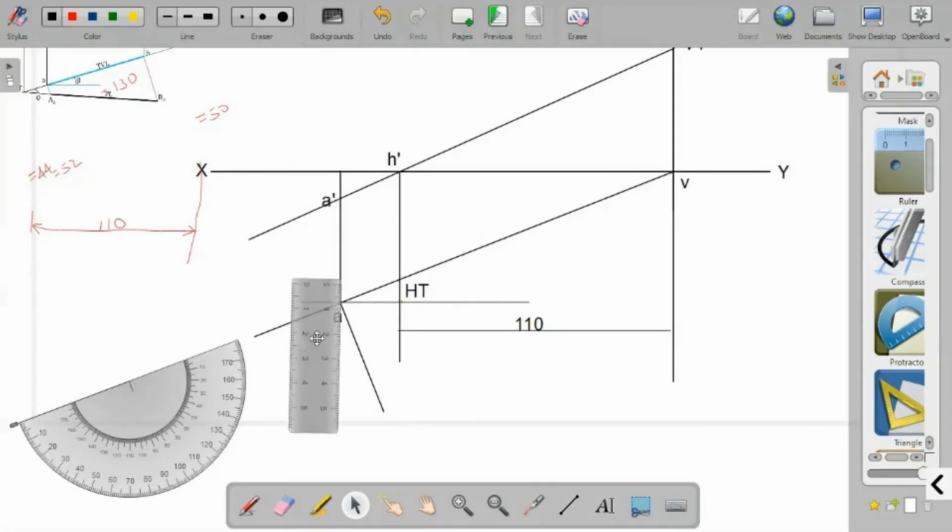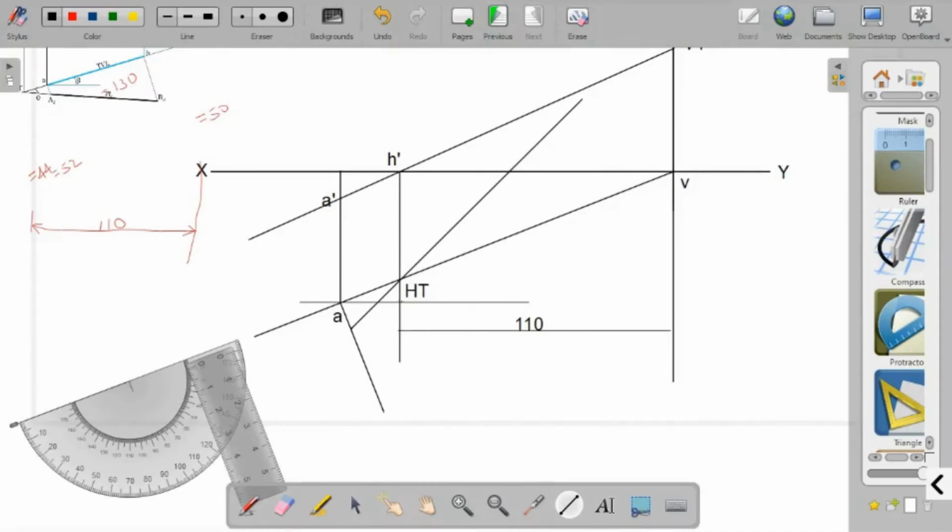So from this point I mark that 1.1 distance here. Then join this point with HT and extend it.